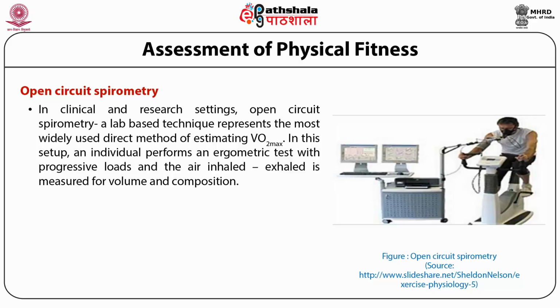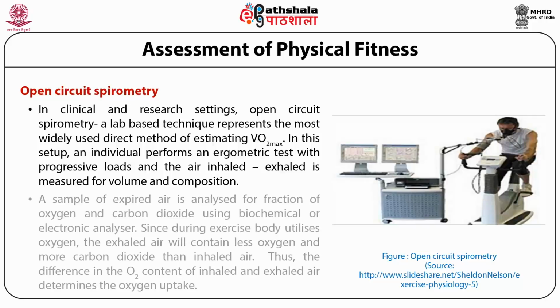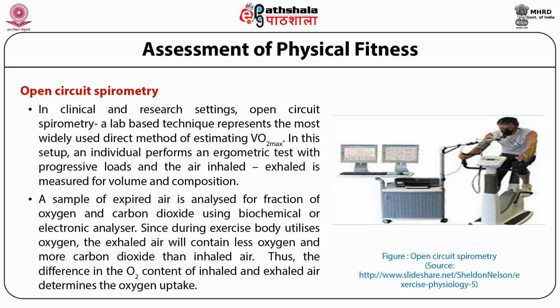The individual inhales atmospheric air and then exhales it through a low resistance valve into either a large canvas bag, a rubber meteorologic balloon, or directly into a gas meter, which continuously measures the volume of the air. A sample of the expired air is analyzed for the fraction of oxygen and carbon dioxide using a biochemical or electronic analyzer.